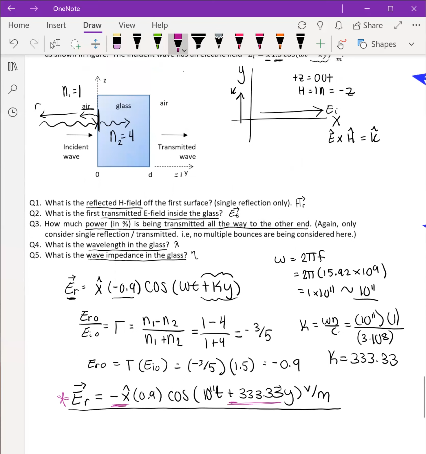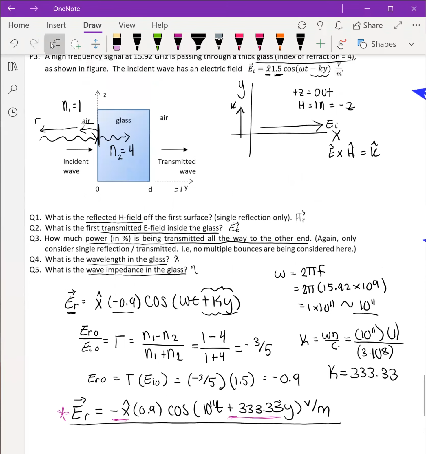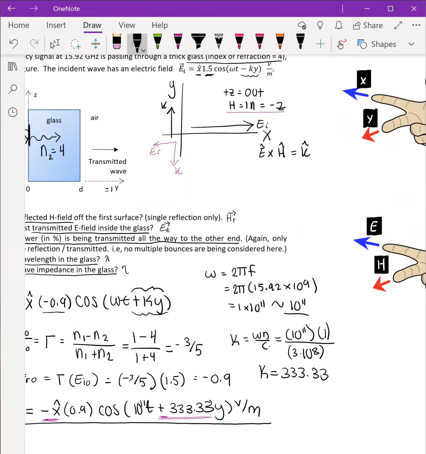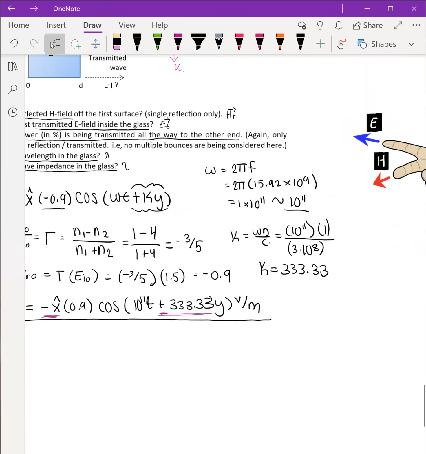If we look back at our coordinate system and we draw E sub r in the direction of minus x, and k is now going in the minus y direction, and we use our right-hand rule, we see that with our index finger in the direction of E and our thumb in the direction of k, our H field is pointing into the screen. And that's what we said earlier. So we can see that it's consistent and our H field is going in the minus z direction.